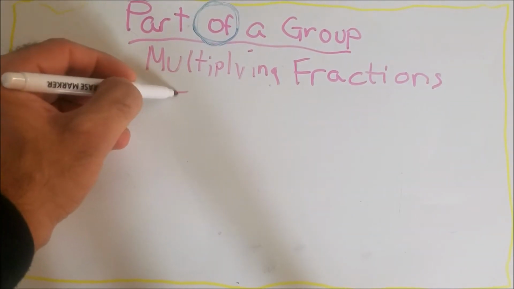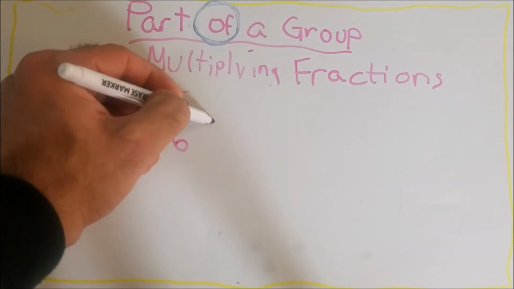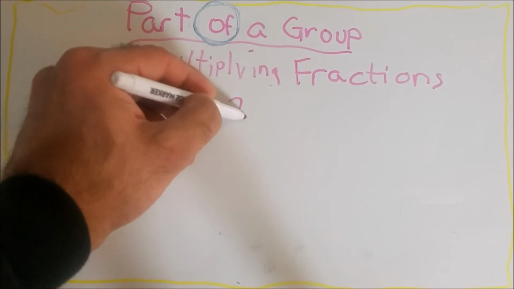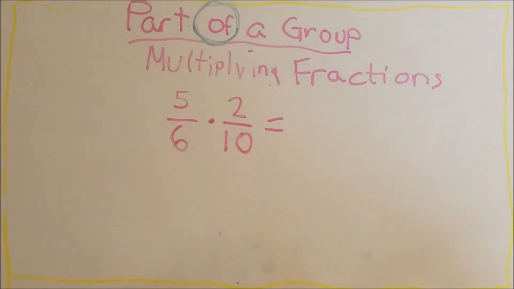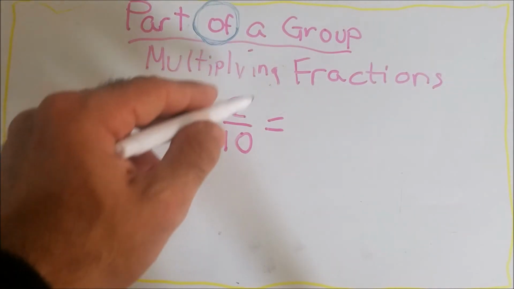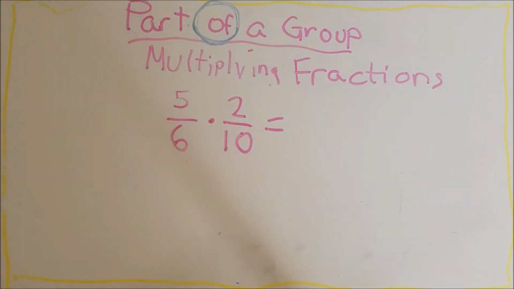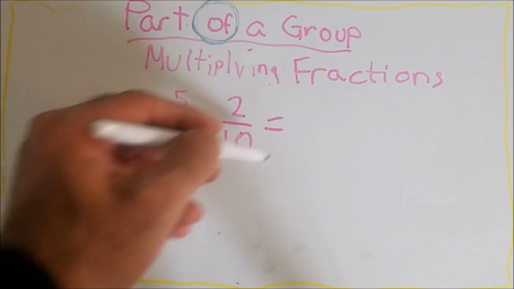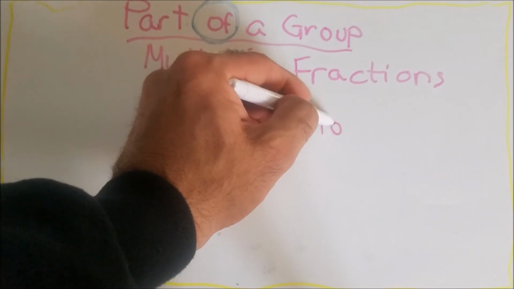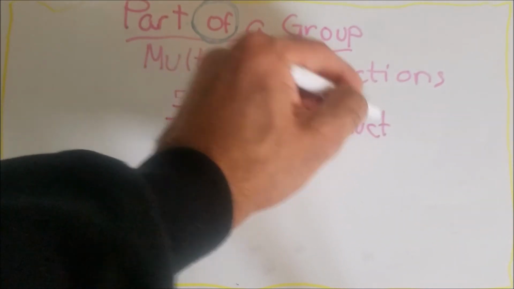So what if I said 5/6 times 2/10? See if you can reduce right away if it's possible, and then find the product. Remember, the answer to multiplication is the product. So we want to find a product.